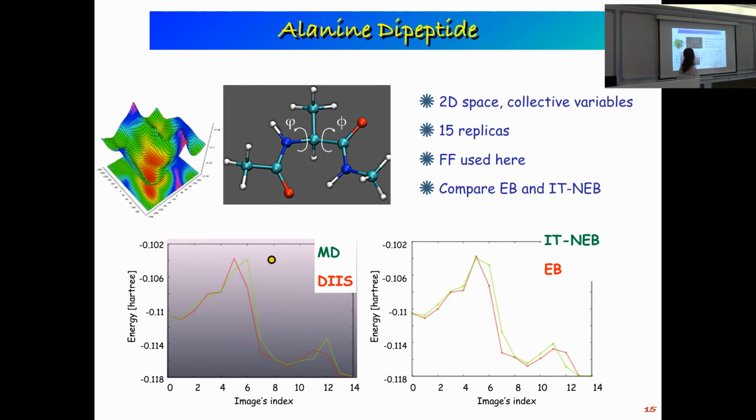And you see here that there are very similar results if you minimize with MD or DIIS. DIIS is with a smoother pathway. Now this is the energy versus the bead index or the image index, so that you see that there are 2, say, transition states. And this is instead the comparison between the IT NEB and the elastic band for this system as a quite simple one, so no problem.